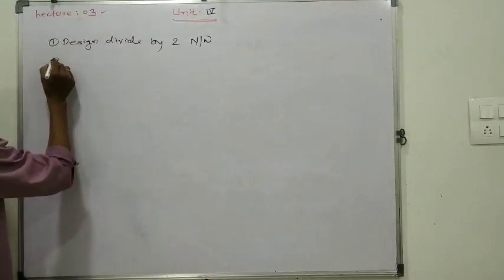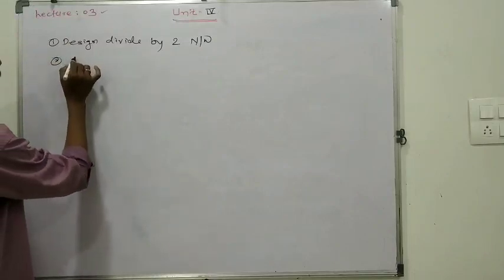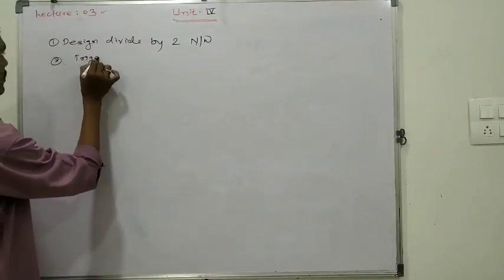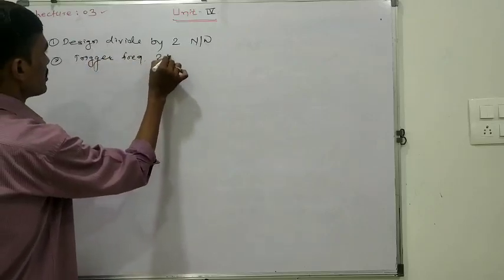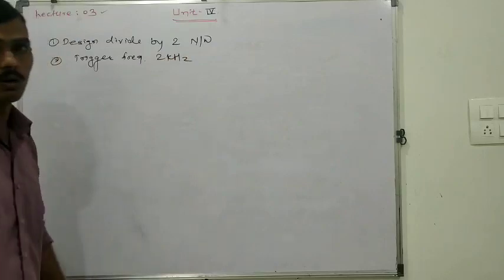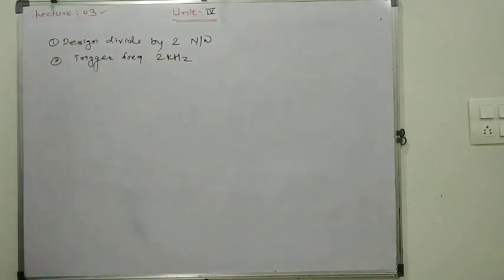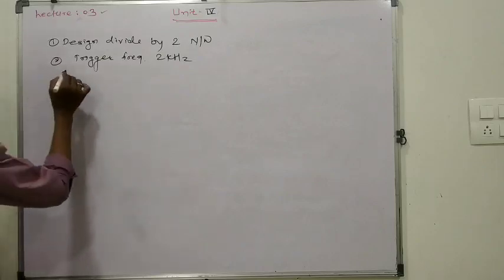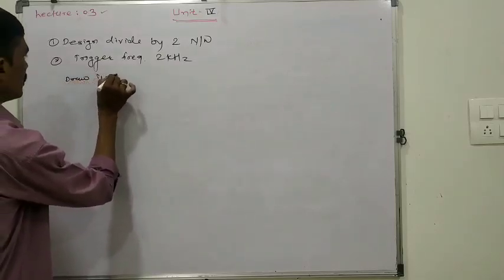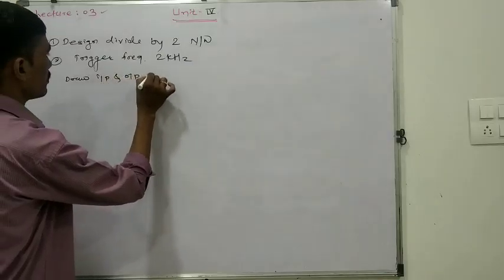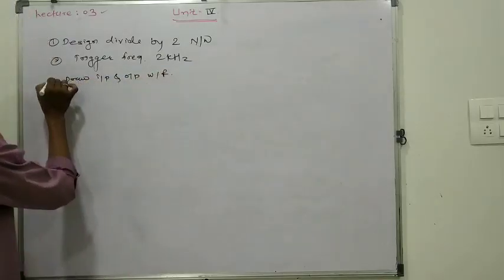Our second statement is, now the trigger frequency is given. Trigger frequency is 2 kilohertz. Again, the input frequency is this, and we have to draw the input and output waveform.